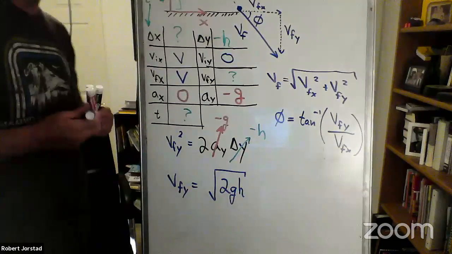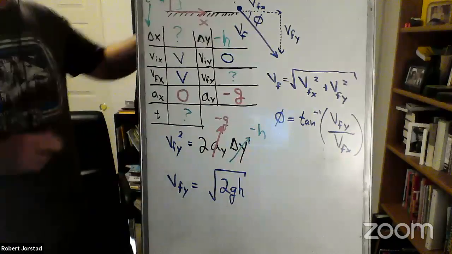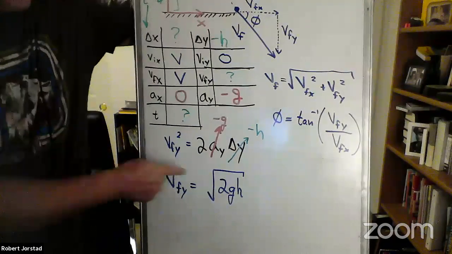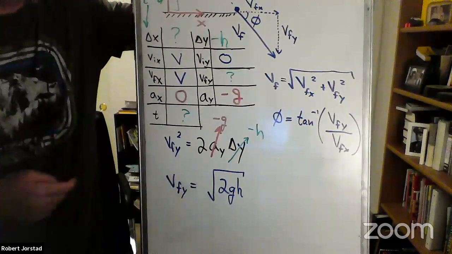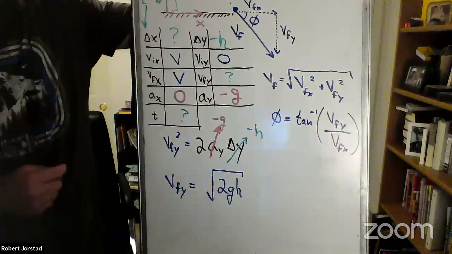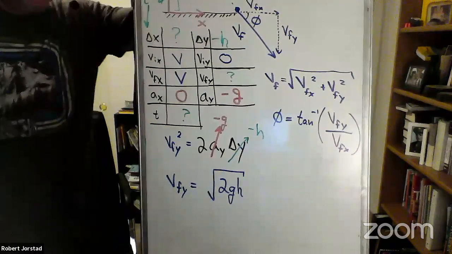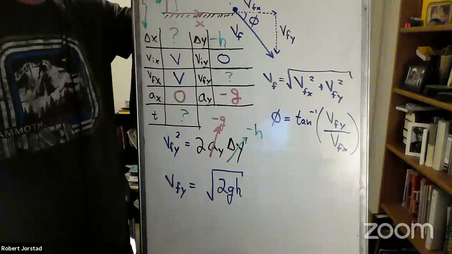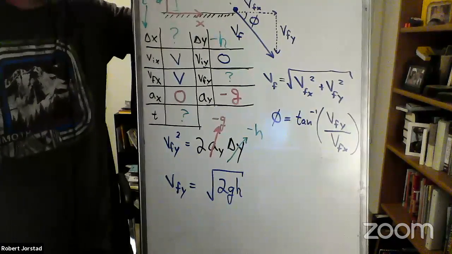I'm going to pause. Somebody other than Esteban here, he just chimed in. What do you think? Is this looking good? Shouldn't it be negative? Why do you think it should be negative? Explain why.